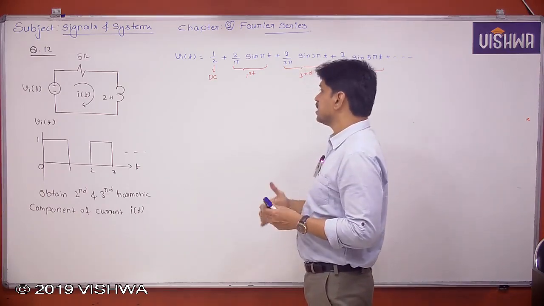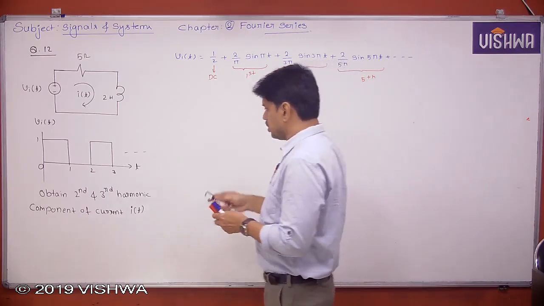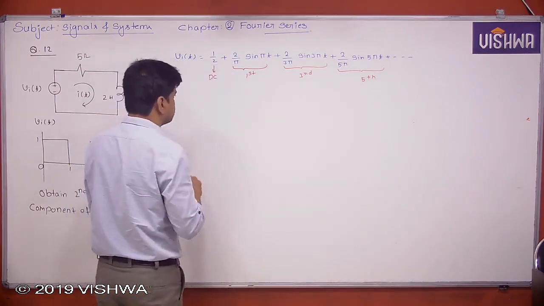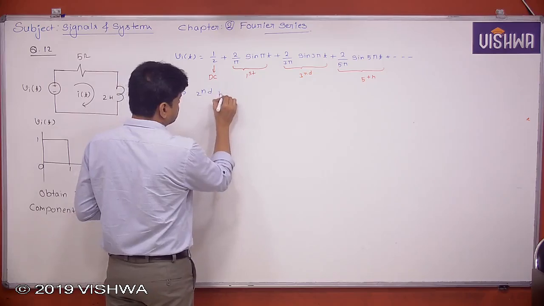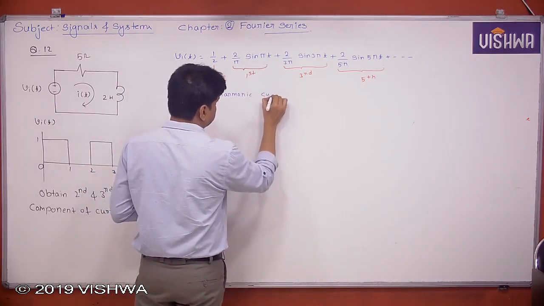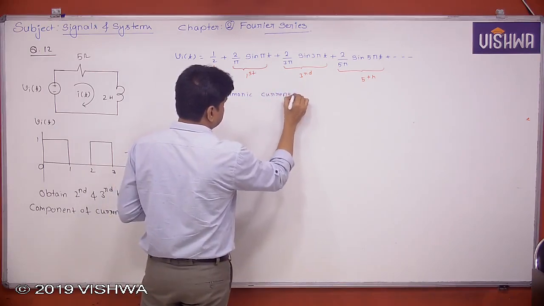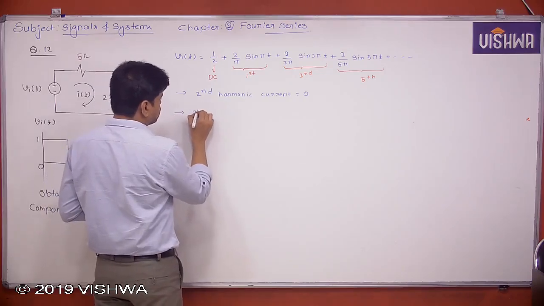Why? For a second harmonic current, there must be a second harmonic voltage, which is not present. So the second harmonic current is equal to 0.